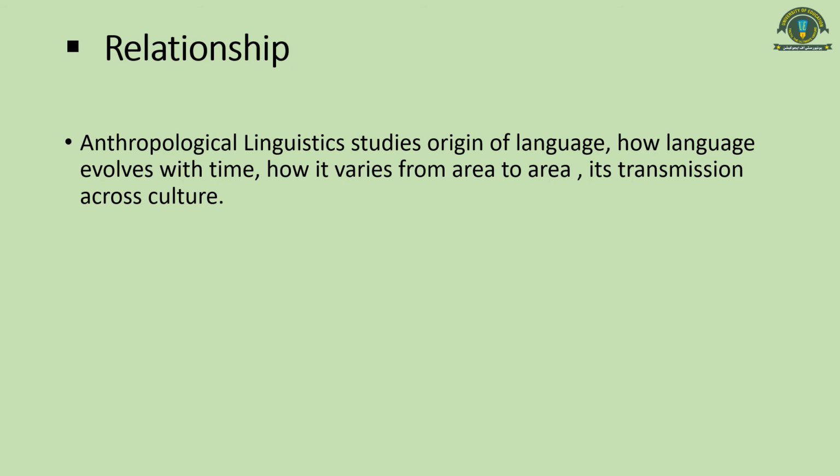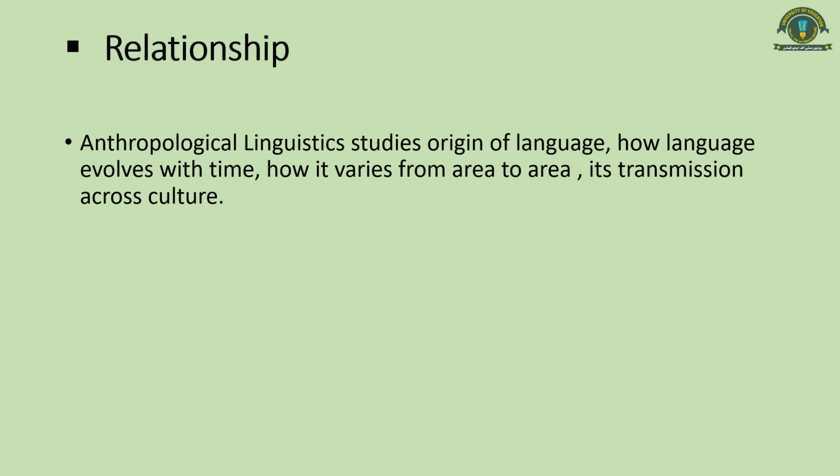Anthropological linguistics studies the origin of language, how language evolves with time, how it varies from area to area, and how it is transmitted across cultures. There are a number of areas in which anthropological linguists work. They try to know the origin.